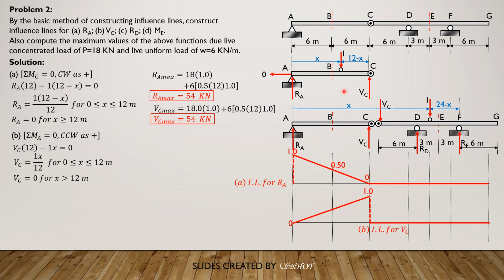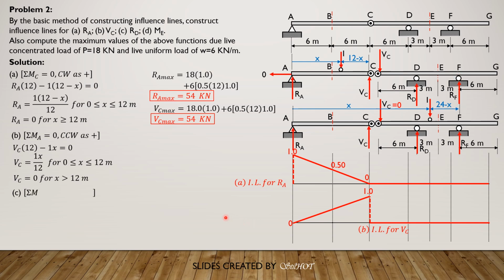For 0 to 12 first, there is V sub C, and this is the free body diagram. If we sum up moment about F equals 0, we have R sub D, clockwise positive, R sub D times 6, minus V sub C times 12 equals 0. So that means R sub D is 2 times V sub C. This is from 0 to 12. That's the formula for R sub D.